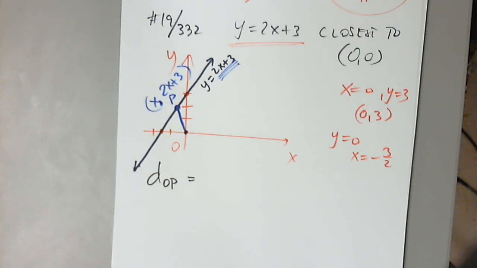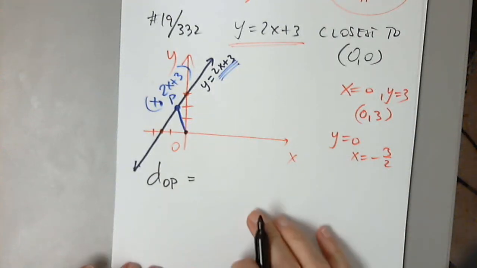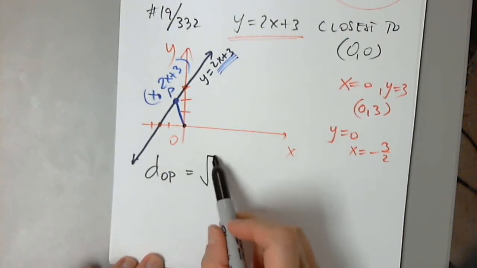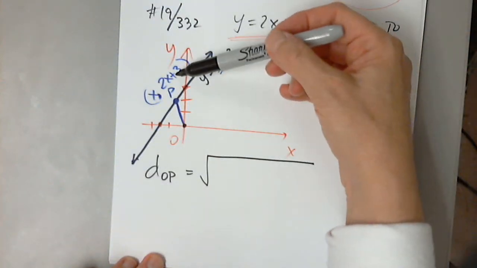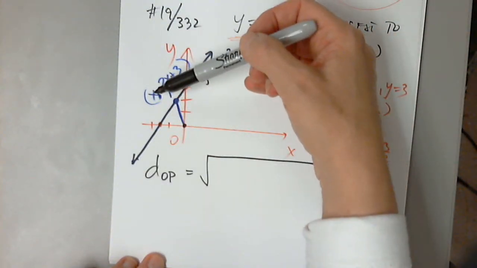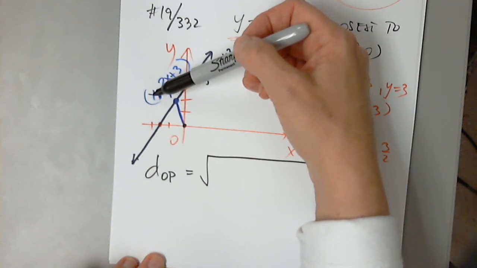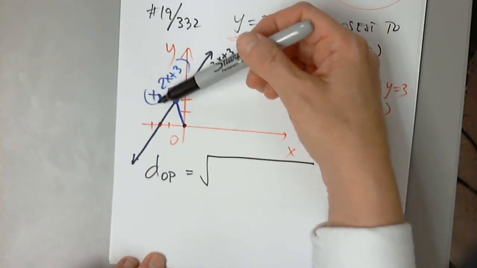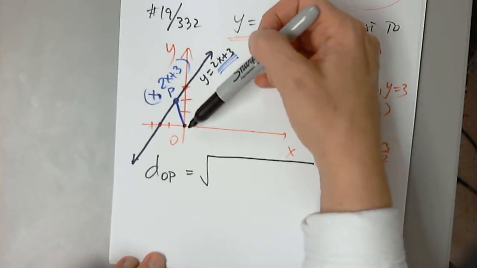Actually, I should have chosen something completely out of whack, just to make a point. Okay, so then, what is the distance? If you remember, the distance formula is the square root of x2 minus x1 squared plus y2 minus y1 squared.